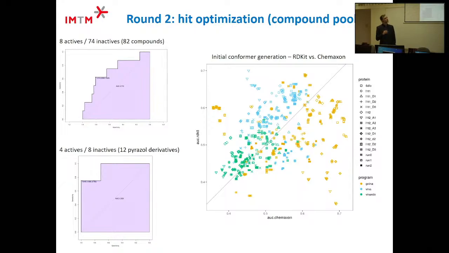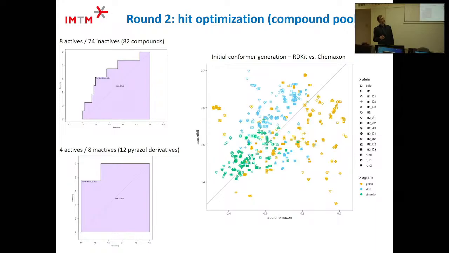And what we also tested here on this axis is different generators of initial conformers before docking. So usually we use RDKit, but for some reason we decided to use Chemaxon as a starting conformer generator.